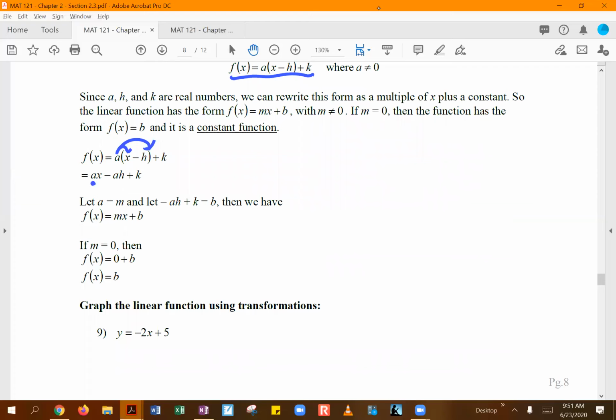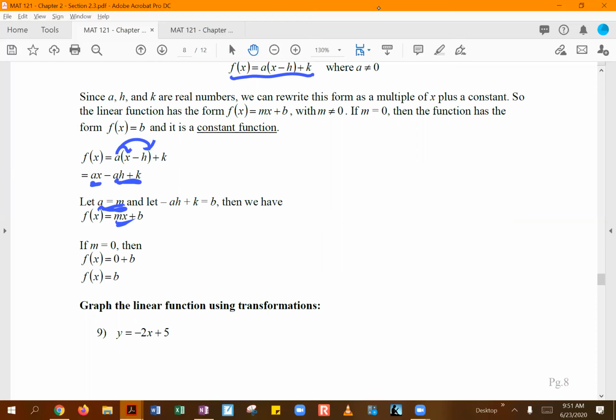Now, of course, a times x, x being your variable, you can think of that a as the slope of your line, and you can rewrite that part as mx. And then this negative ah plus k, this is actually all numbers because a is a number, h is a number, k is a number.